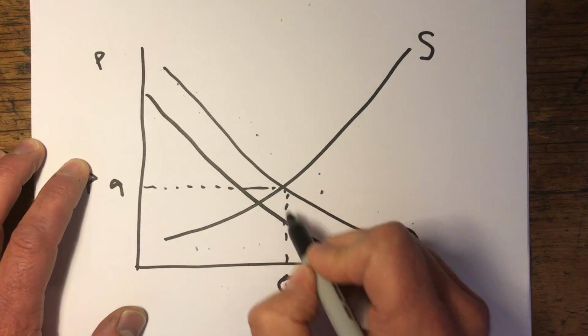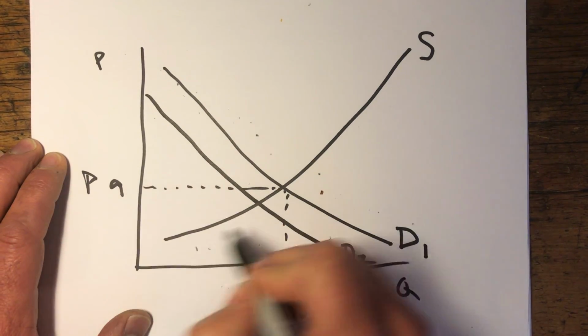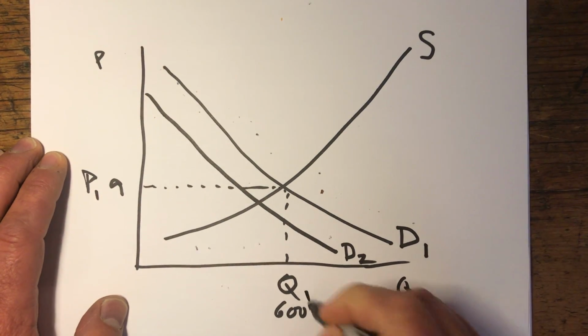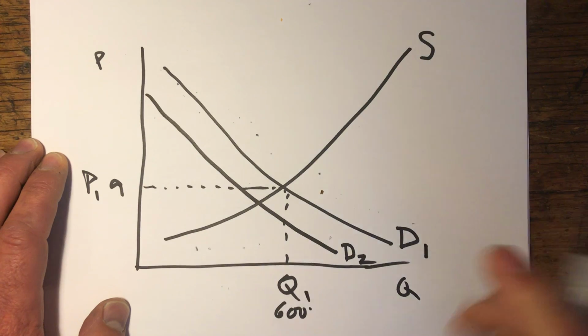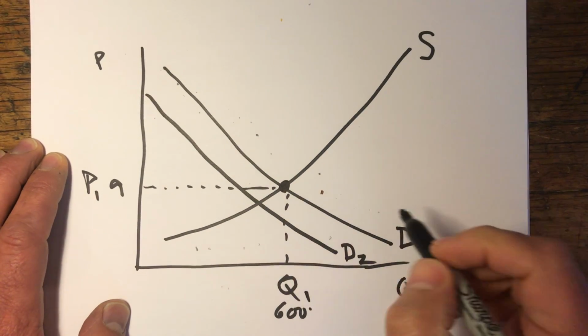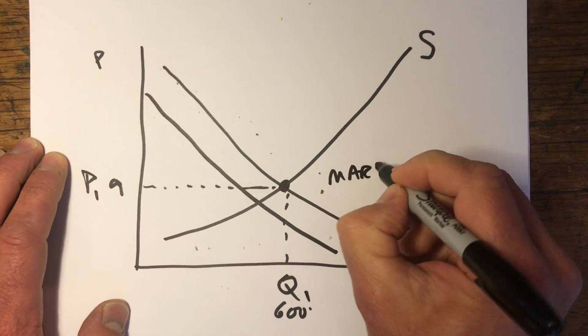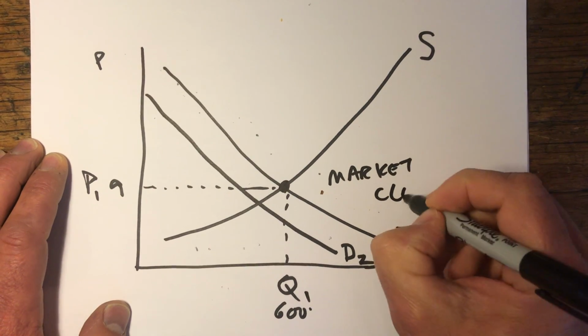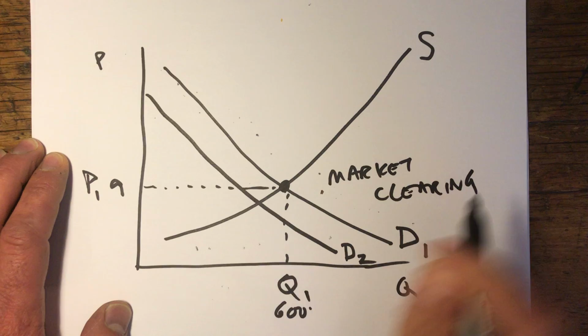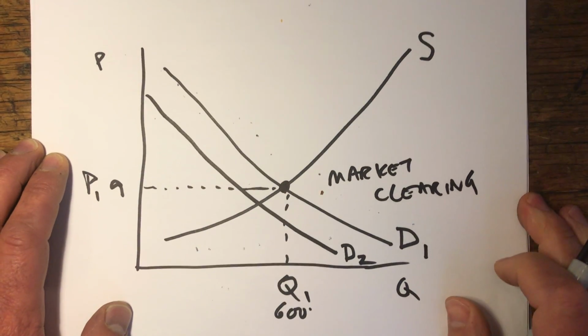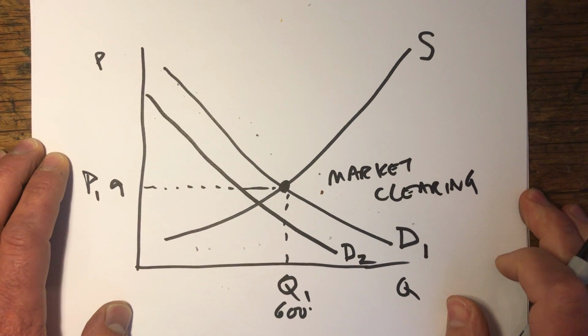So just to make things clear, we're going to take that original intercept, the original price and quantity, and call that P1 and Q1. And this here, again, is what we call the market clearing point. By clearing, we mean that at the end of the period in which all these golf balls have been produced and then sold, there are none left.